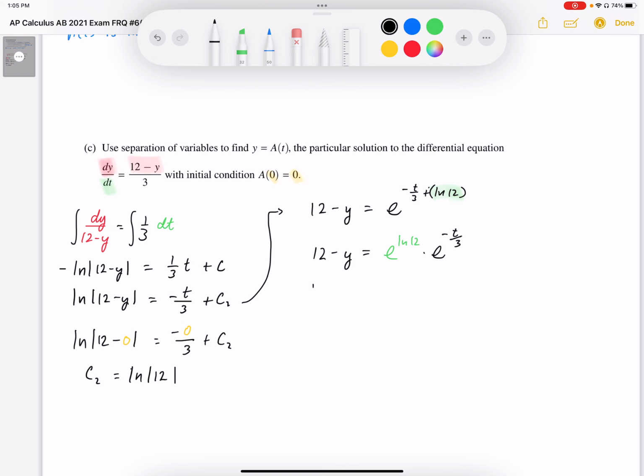And then simplifying this, we get 12 as my coefficient on the e function. So simplifying this, we get y equals 12 minus 12 e to the negative t over 3. Okay, so this is a solution to this differential equation.